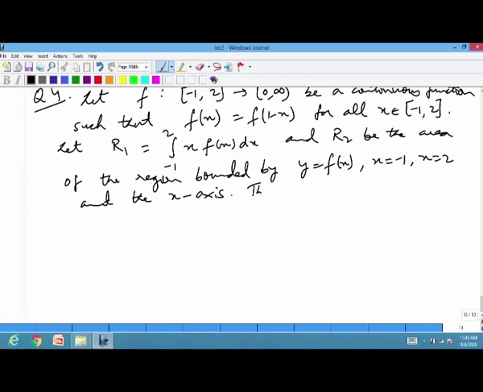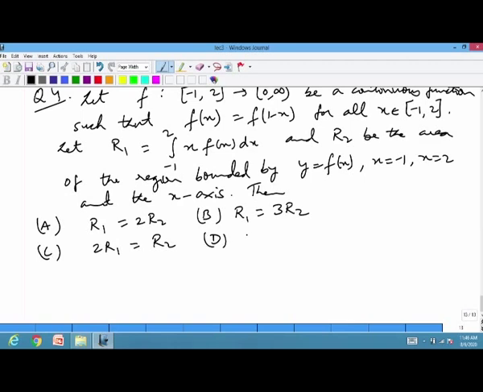Then we have 4 options given. First is R1 equal to 2 R2, B is R1 equal to 3 R2, C is 2 R1 equal to R2, and option D is 3 R1 equal to R2.